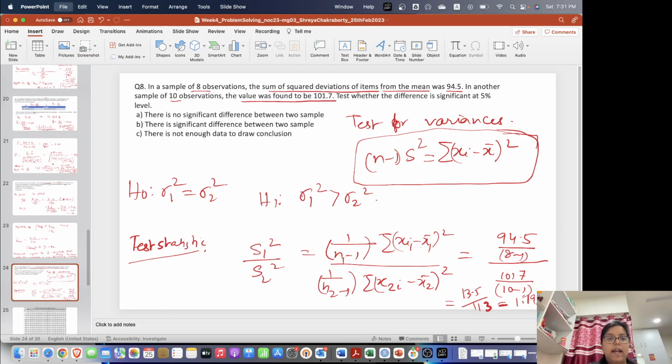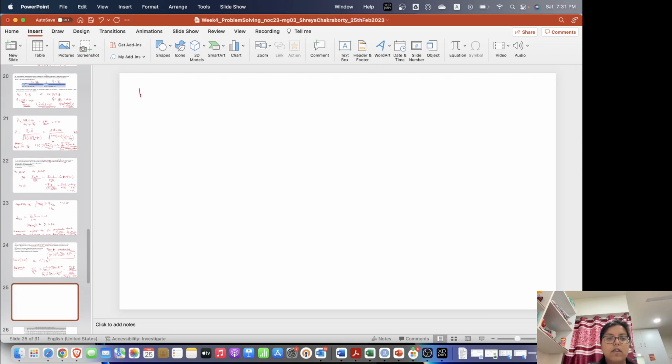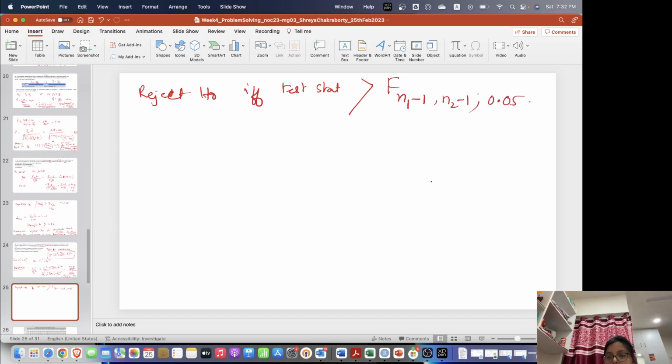Okay, and the rejection rule is we'll reject H naught if and only if the test statistic is greater than, this is a ratio of two variances, so it will be an F statistic with n1 minus 1, n2 minus 1 df and 0.05.